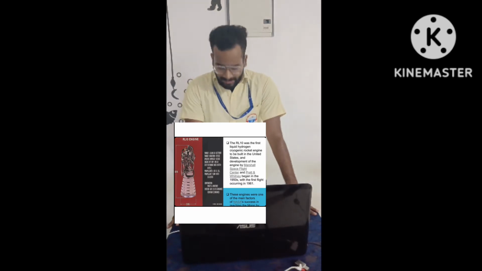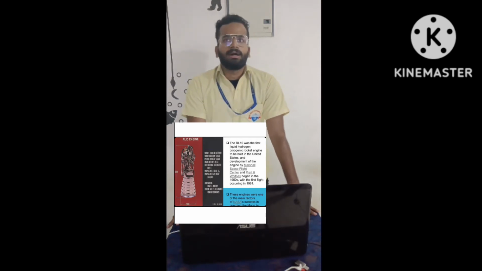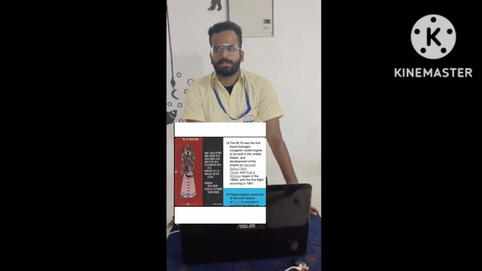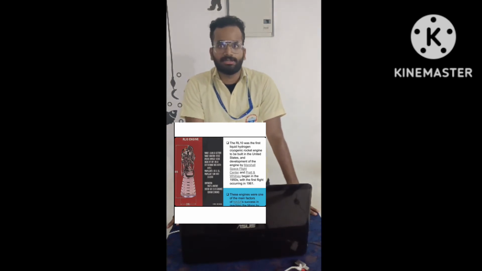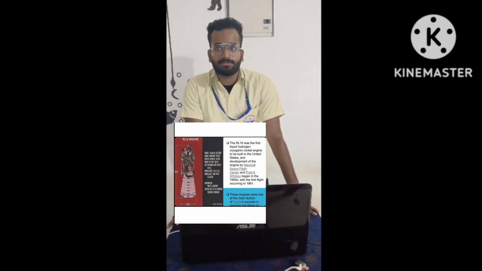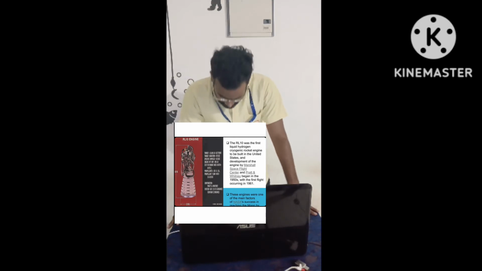We will see the diagram of the RL10 engine. Now we will discuss it. RL10 was the first liquid hydrogen cryogenic rocket engine to be built in the United States, and development of the engine by Marshall Space Flight Center and Pratt and Whitney began in the 1950s, with the first flight occurring in 1961.